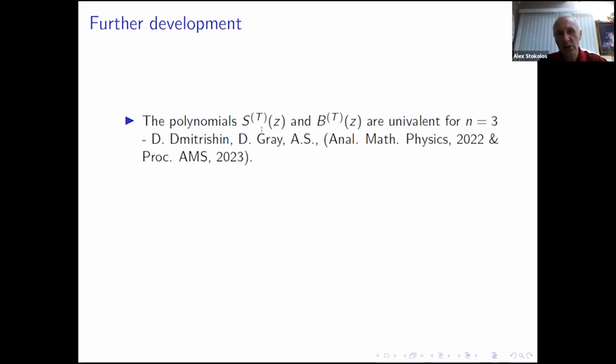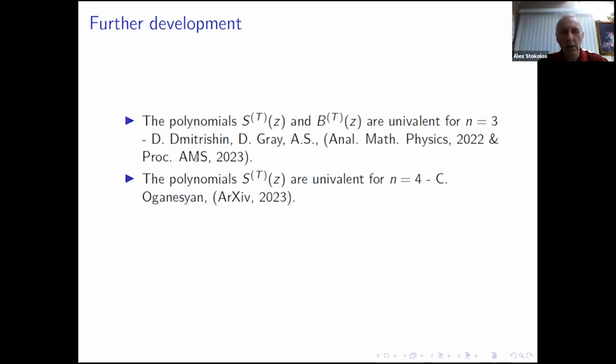For Suffridge, same authors. For the Suffridge polynomial, it was published in Analysis and Mathematical Physics 2 years ago, and for Brandt, it's in Proceedings, and it's electronically published. I'm not sure if it's already published in print, in paper form.